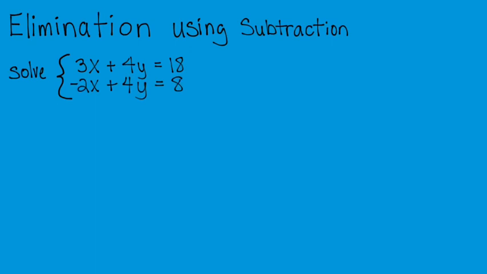Okay, that was adding. Guess what? You can also subtract. Well, what do we mean by that? I can see that in the middle there, gosh, 4y and 4y. If only that one was a negative 4y. Well, we can make it be. We just multiply the whole equation by negative 1, right?